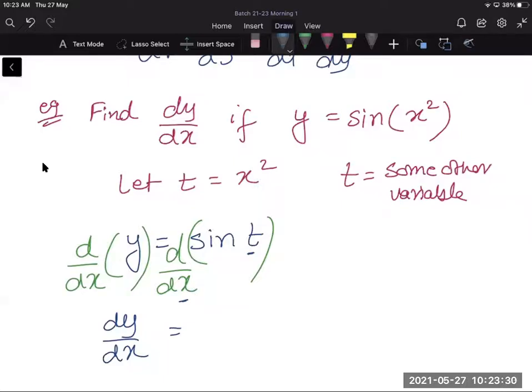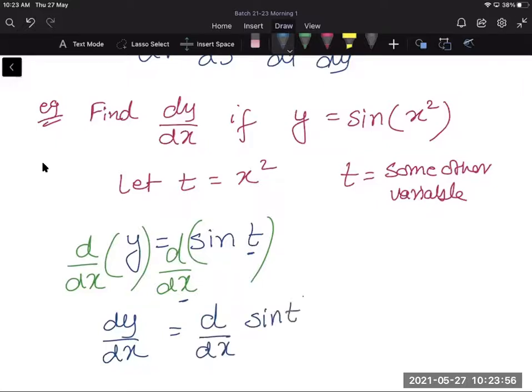Because remember that d by dx, d by dx है क्या चीज, you are trying to find the slope. So you cannot find the slope of a graph which you cannot draw. XY axis पे how can you draw y is equal to sine t? You can't, right?